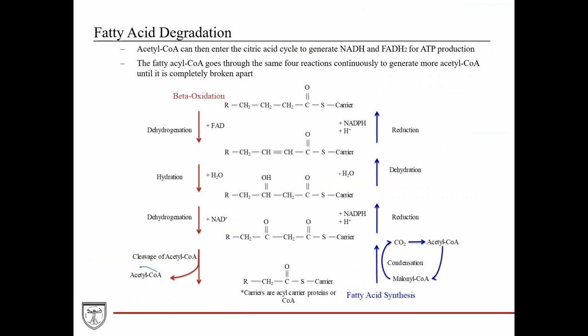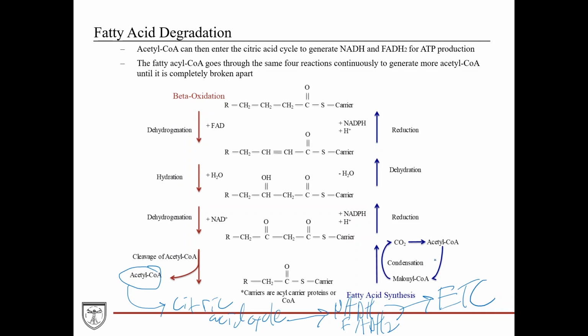And then acetyl-CoA can enter into the citric acid cycle, which then generates NADH and FADH2, which then go to the electron transport chain to generate ATP.